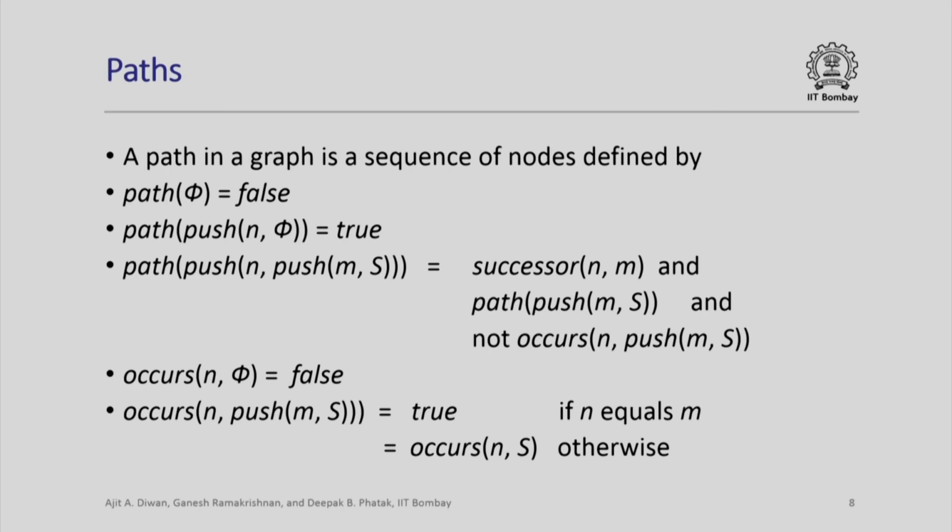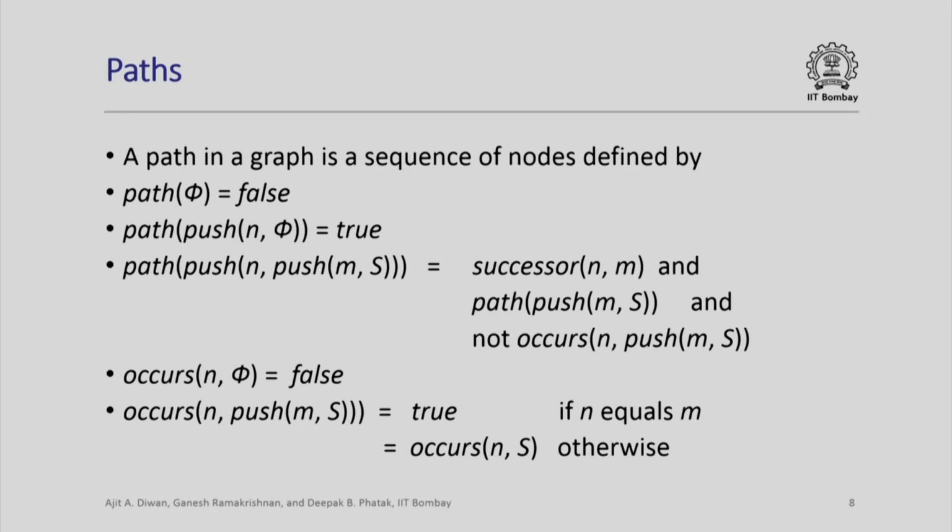That is, the first node in the sequence must not occur anywhere else in the sequence, and this should hold for the remaining sequence also. So, essentially this says that a path is a sequence of distinct nodes. We do not come to the same node again in the sequence. So, a path is a sequence of distinct nodes which is also a walk.